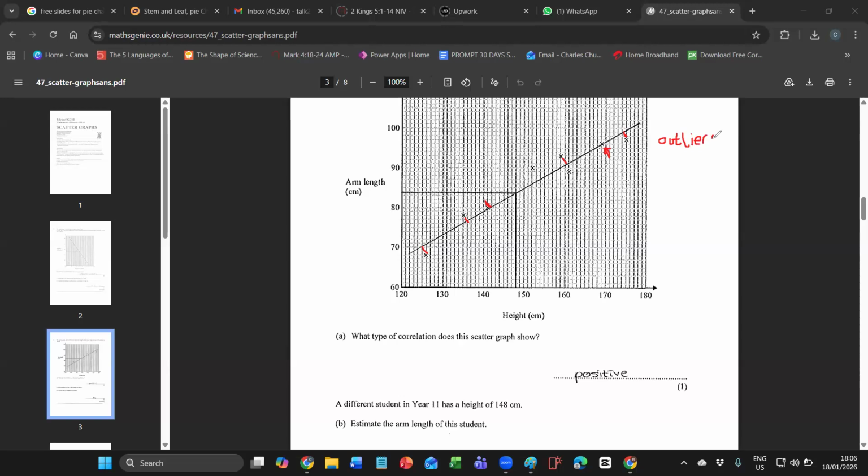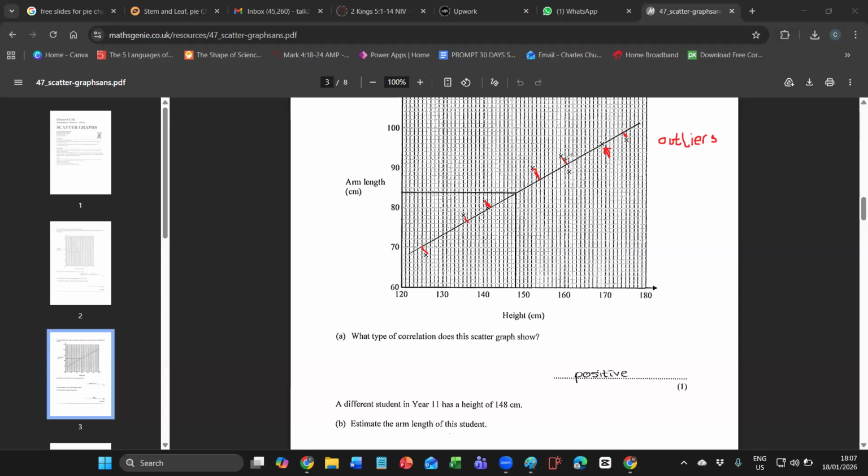They may be the only one among all of them that looks different, but it could happen. So, for instance, look at this one. This one is not really an outlier, if you ask me, because its distance from the line is kind of close to this one's own distance too, right?